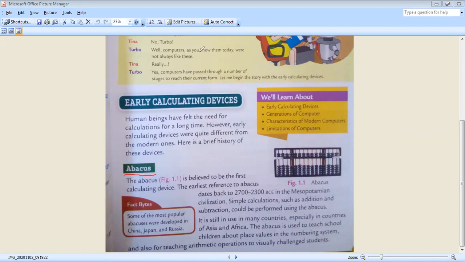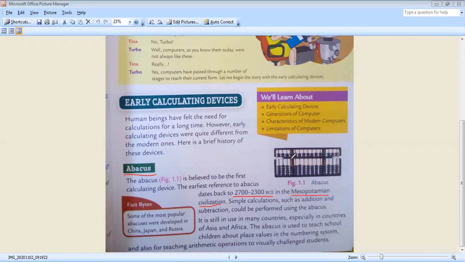The earliest reference to the abacus dates back to 2700 to 2300 BCE, and it was found that it was first used in the Mesopotamian civilization.